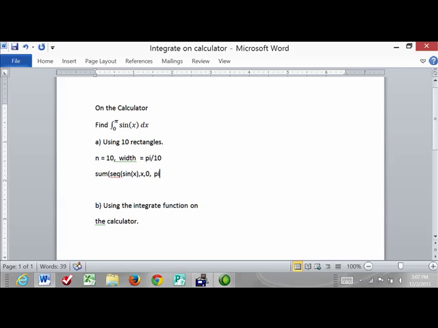So pi minus 1 width, so minus pi over 10, and then comma, and the width of each interval is pi divided by 10, and then we close that twice, and we times that by pi over 10. So that's how you would actually do it on the calculator.